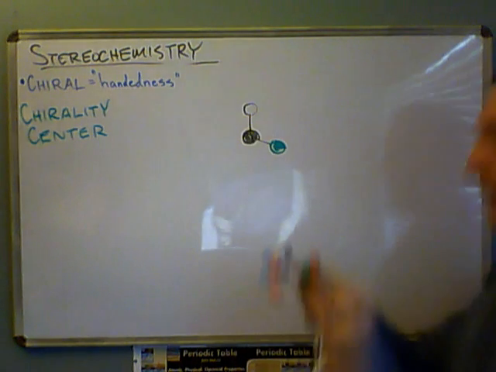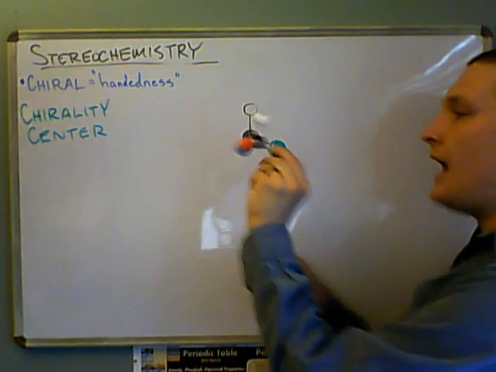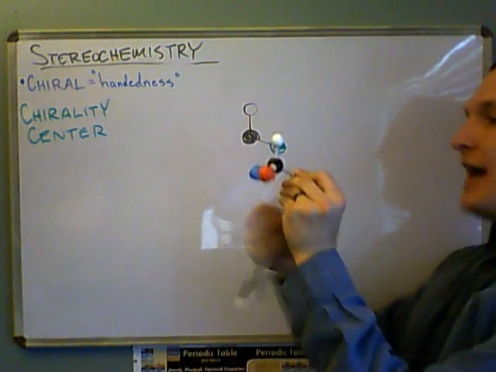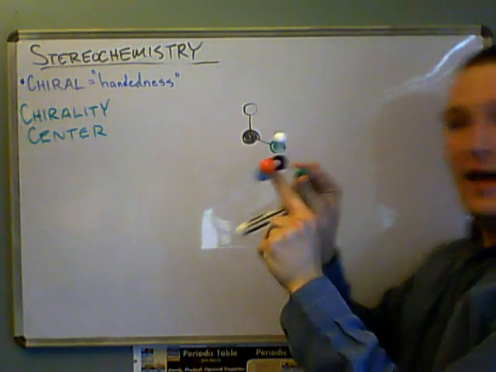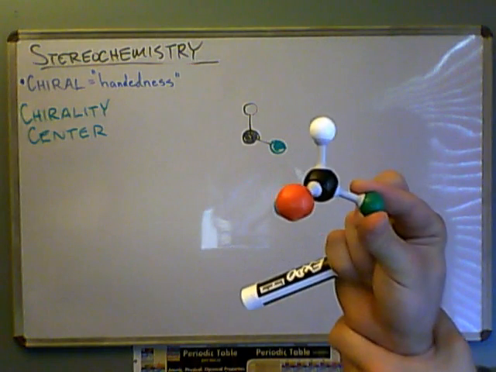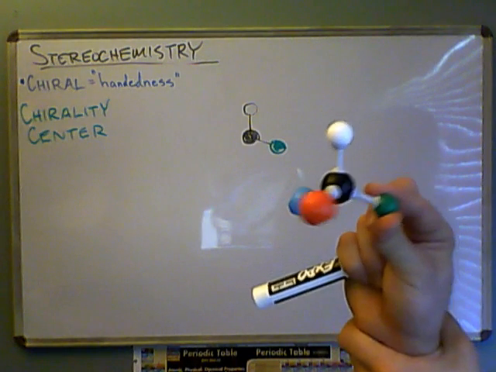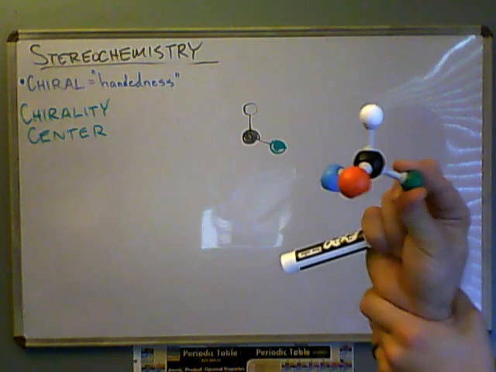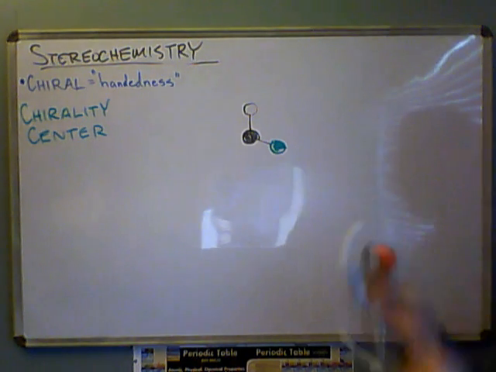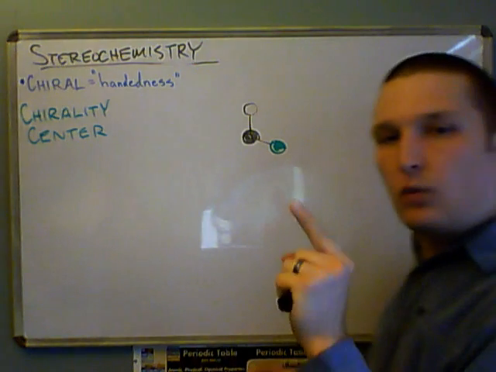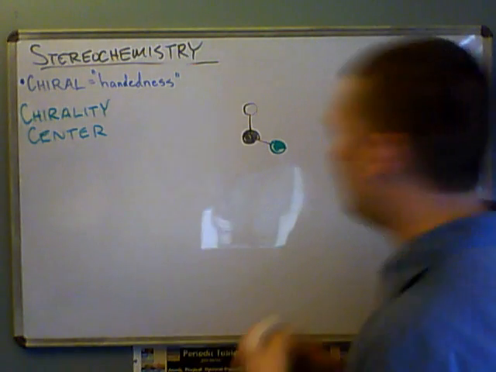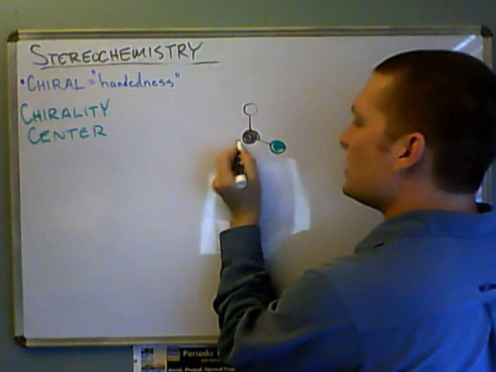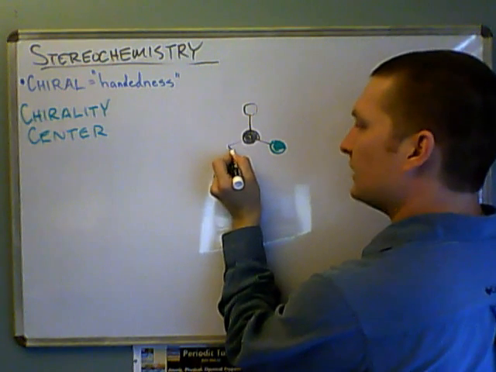And now when I have it held like this, I don't have any other choice. I have to draw this red one as facing towards you. Because you can see it is facing towards you if you hold the white one in that place and the green one in this place. So if I want to show that that red one is pointing out towards you, I'm going to draw a wedge here. A solid wedge.